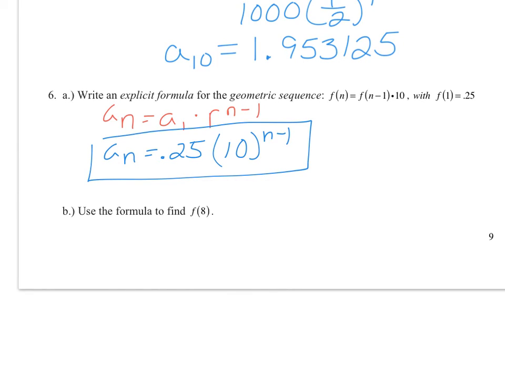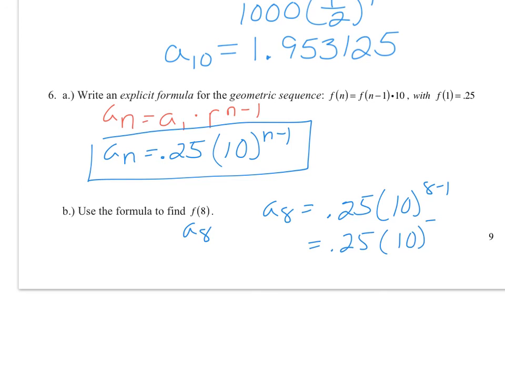They want me to use the formula to find f of 8. Well, f of 8 means a sub 8. So let's change that to a sub 8. Okay, so that would give me a sub 8 equals 0.25 times 10 to the 8 minus 1, or 0.25 times 10 to the 7th.